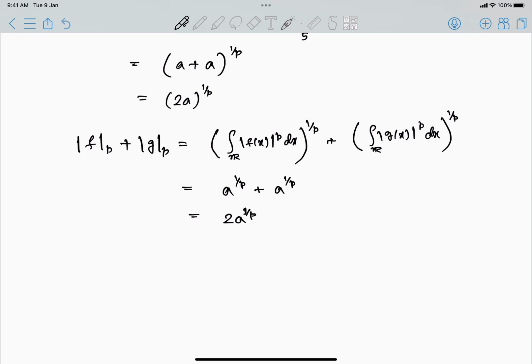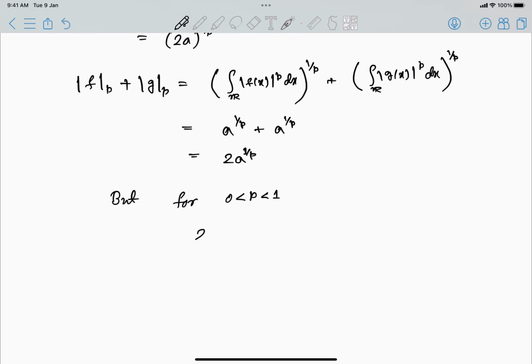That is, is this satisfied? But note that for 0 less than p strictly less than 1, 2a to the power 1/p is strictly less than 2a, as in taking the whole power of p, 2 to the power p a is less than 2a, right?